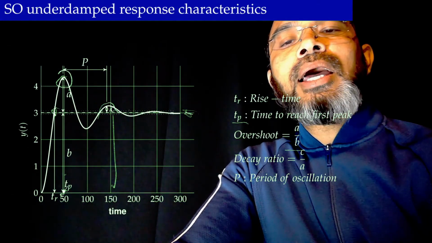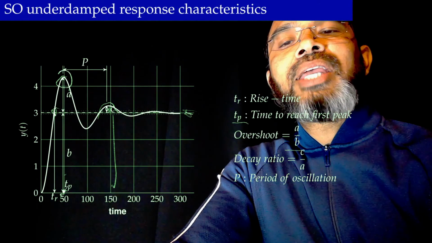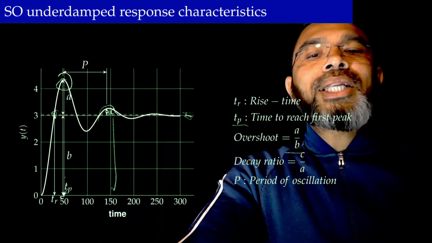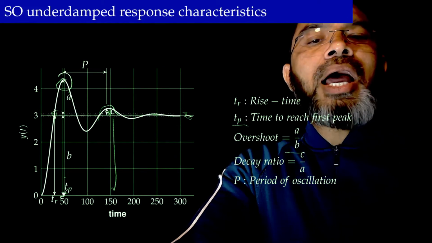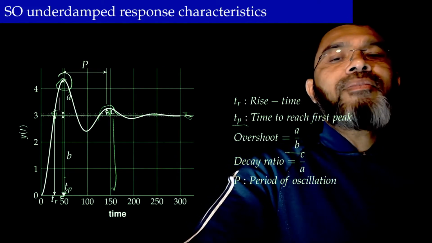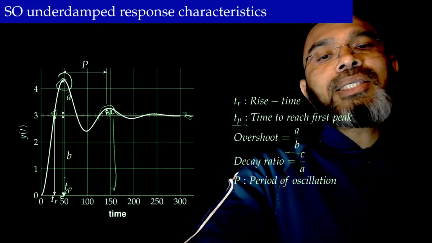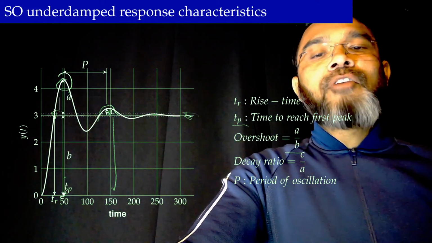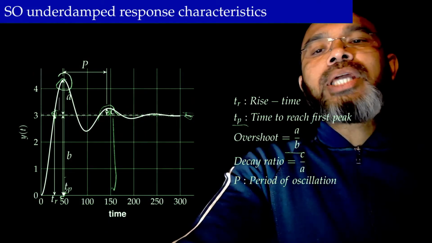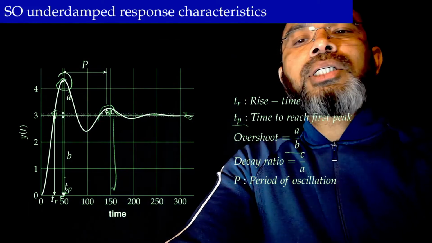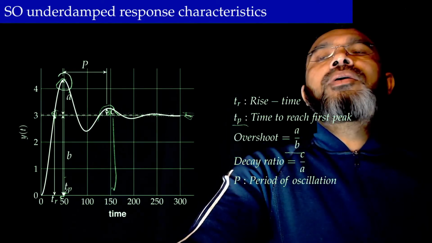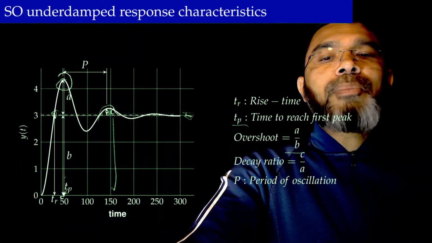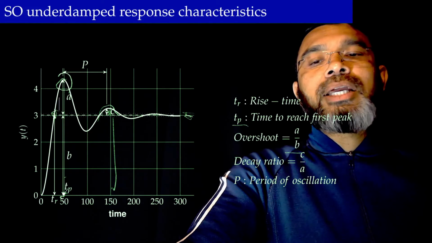If the magnitude of this second peak is C, and this is A, the decay ratio is C over A. So the overshoot tells how far it goes beyond the final steady state value, and the decay ratio says how the oscillation is decaying. Finally, there is the period of oscillation, the period of this oscillating factor for this second order response.